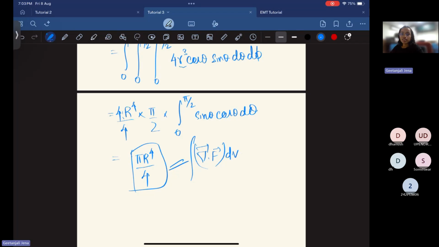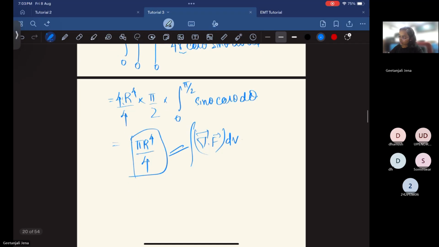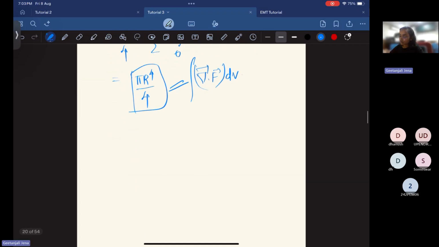Now for the surface integration. You need to integrate it over the outer surface, the surface which is enclosing this volume V. Okay. So we have the sphere like this.